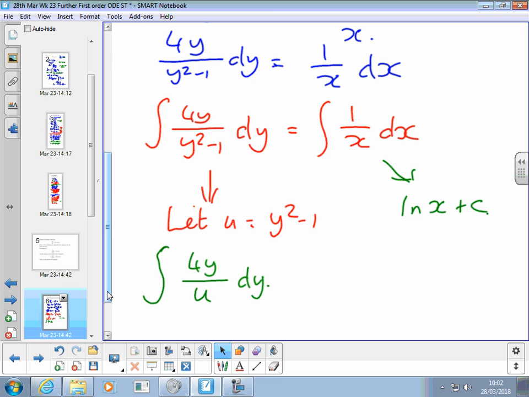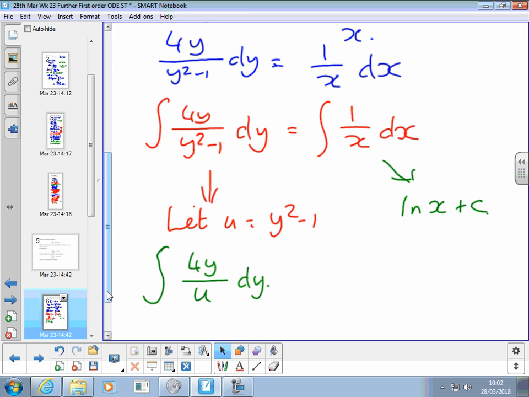So we let u equal y squared minus 1. Then we rewrite that integral as 4y over u by dy. Am I right in that? That's what you would do.